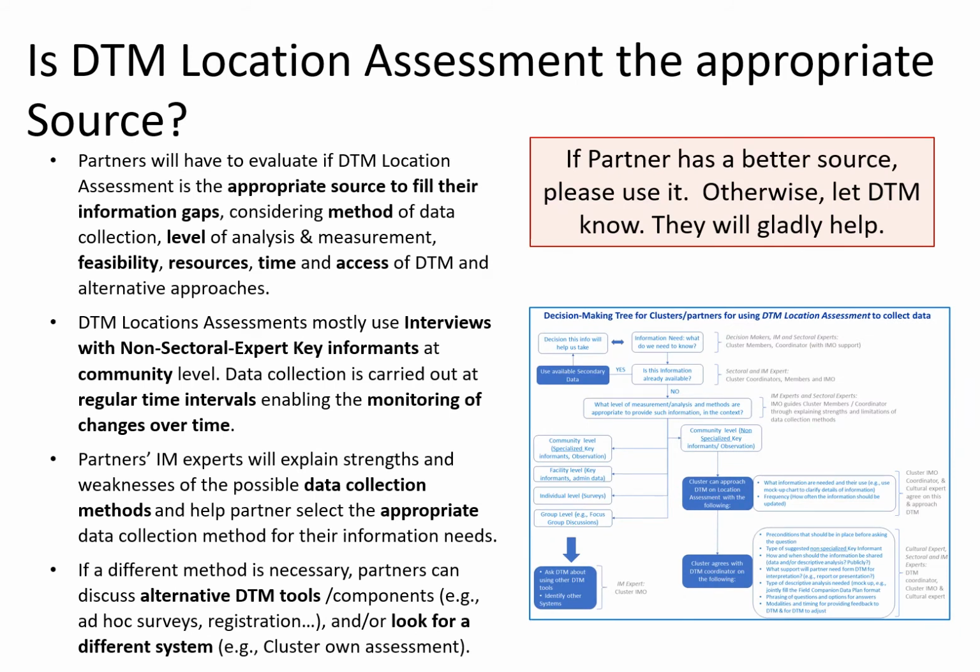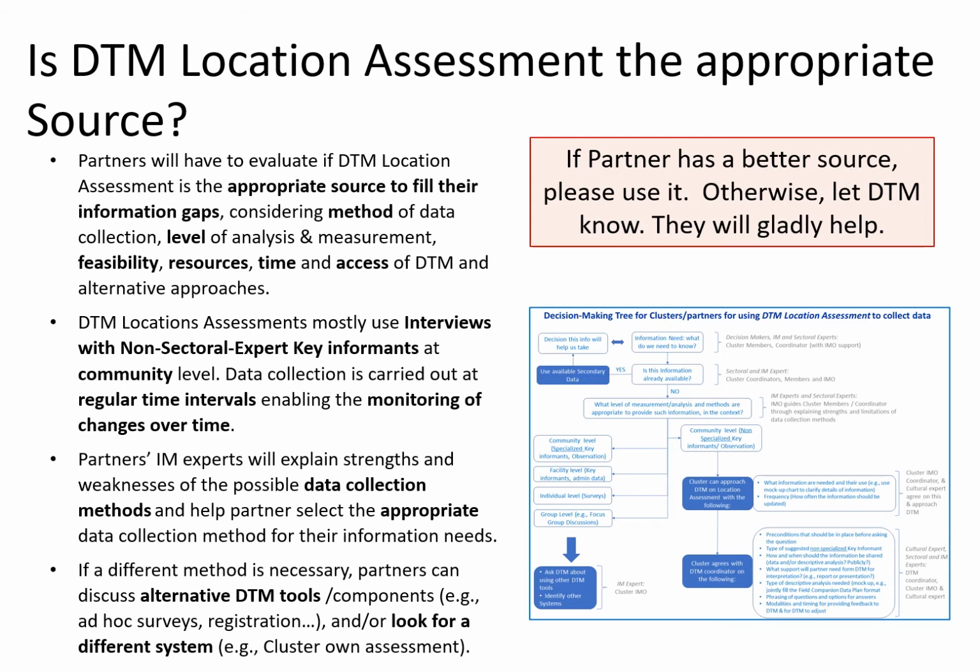Step number 3. Is DTM location assessment the appropriate source? The partner will have to go through a decision-making process, a thinking process, before deciding to approach DTM, and understand whether the DTM location assessment is or not the appropriate source for their information gaps, specific information they have identified as needed for their decision making, but not available.